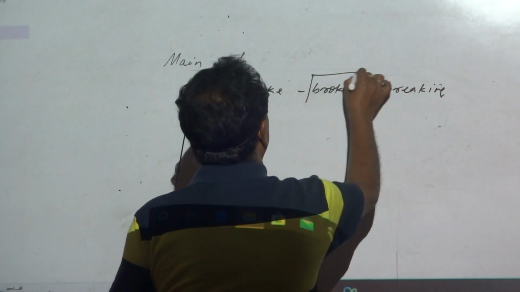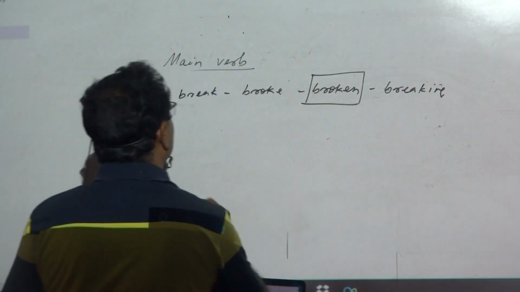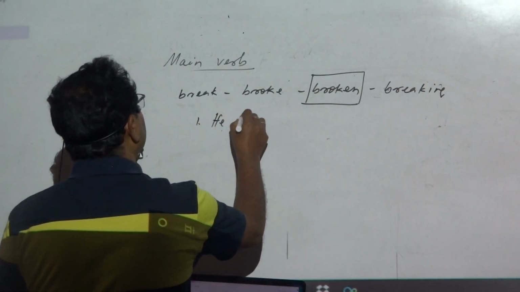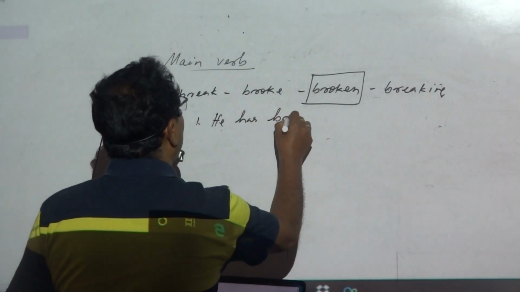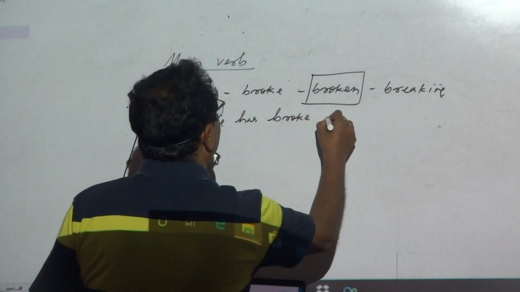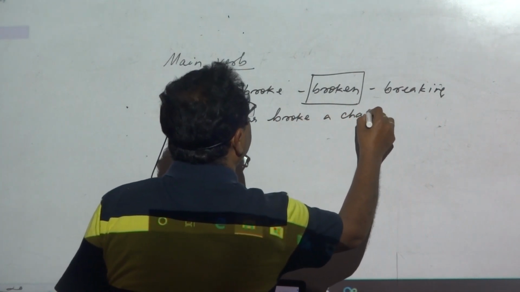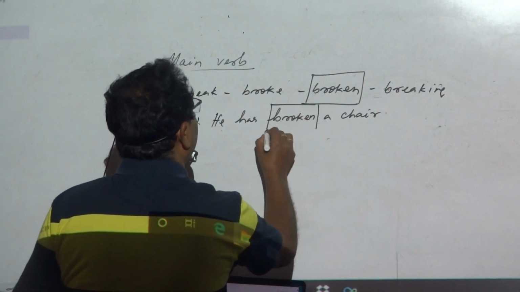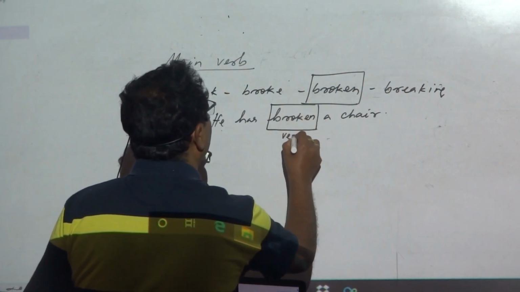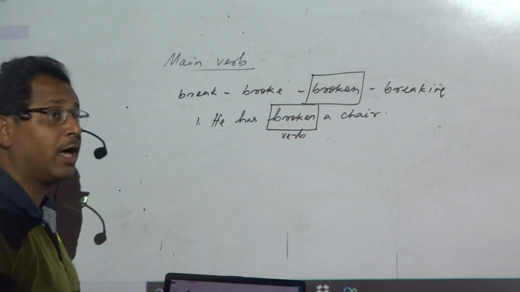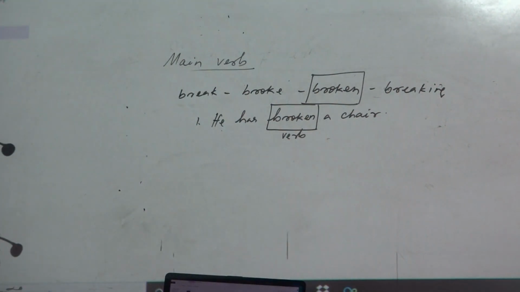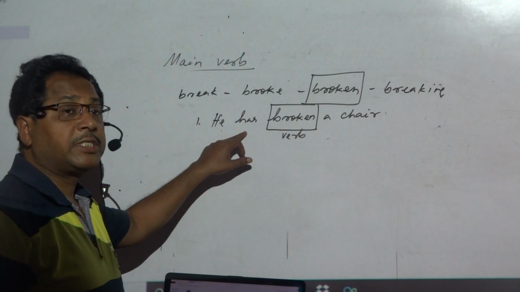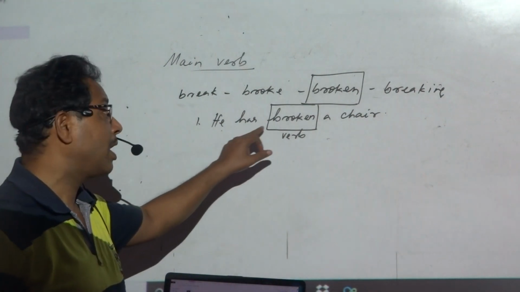Look at the broken. Example: he has broken a chair. Broken is a verb here. Already I have told you, the second primary auxiliary have is followed by V3.